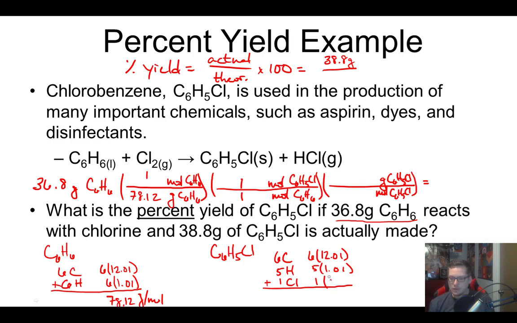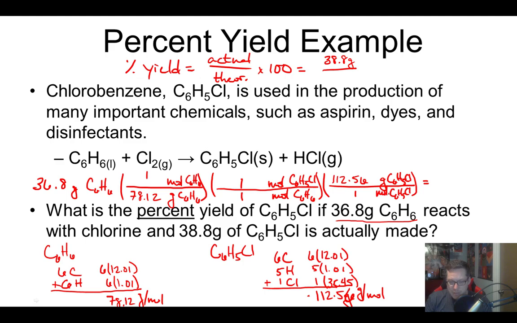So we add all those guys up: 6 times 12.01 plus 5.05 plus 35.45, we get 112.56 grams per mole. So we're going to plug that in. For every 1 mole, it weighs 112.56 grams.